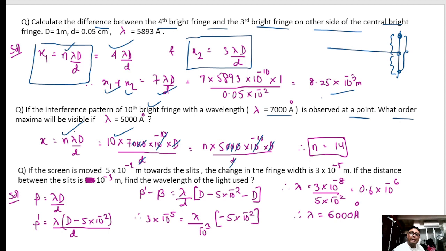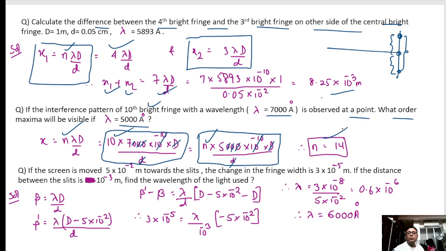For 10th bright fringe, this is the calculation, and if I do it with wavelength 5000 angstrom, this should be the calculation. I don't know n, so they are telling they are equal. From there find out the n. So 14th bright fringe will be formed if you do it with a wavelength of 5000 angstrom.